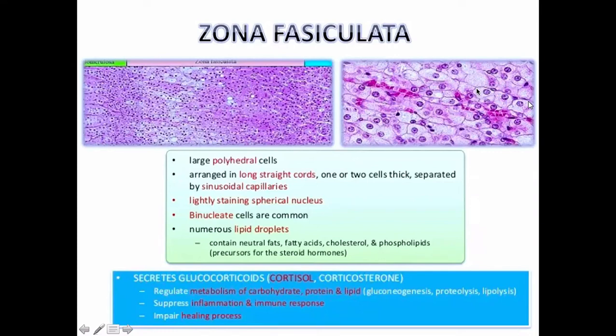So this zone produces glucocorticoids, your cortisol and corticosterone. Okay? So they regulate the metabolism of your carbohydrate, protein, and lipid, and they suppress your inflammation and immune response, and they impair the healing process.